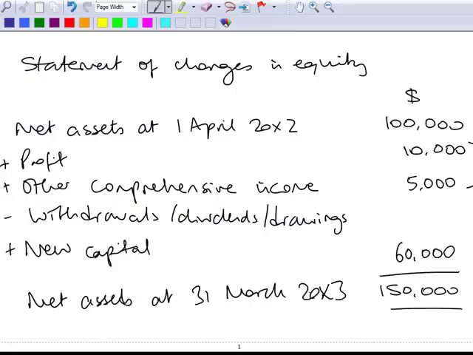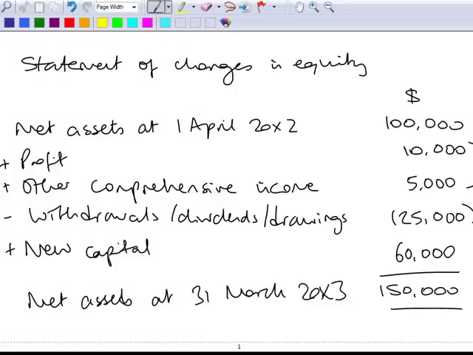And the question then saying, well, how much did the owners take out of the business in the period? Well, the thing that would make that balance would be a negative figure of 25,000. By convention, by the way, accountants tend to write negative figures in brackets rather than using a minus sign, the simple reason being that it makes it more legible and easier for other people to follow.